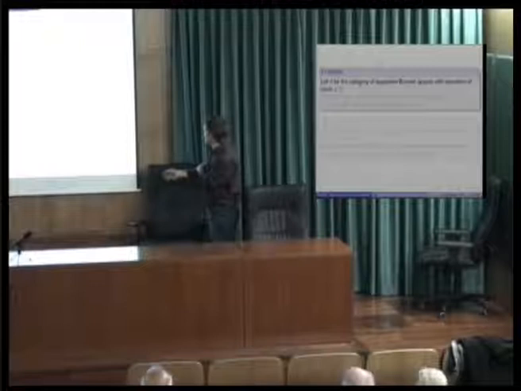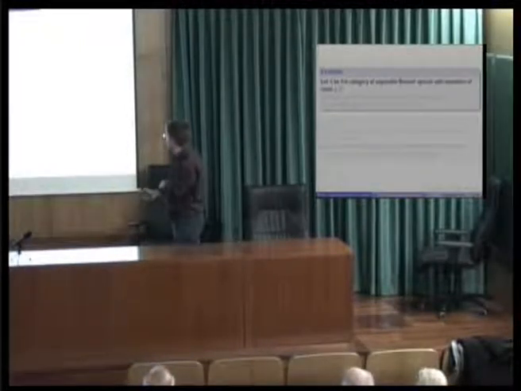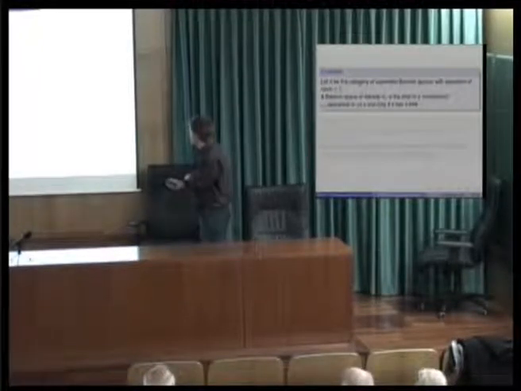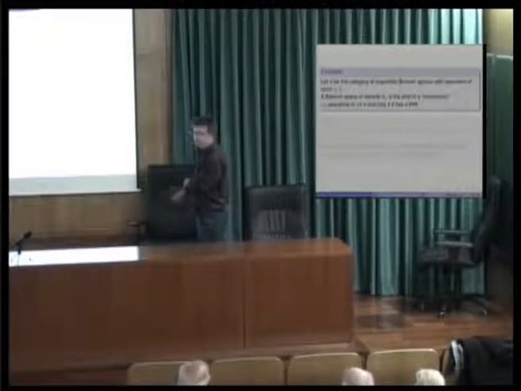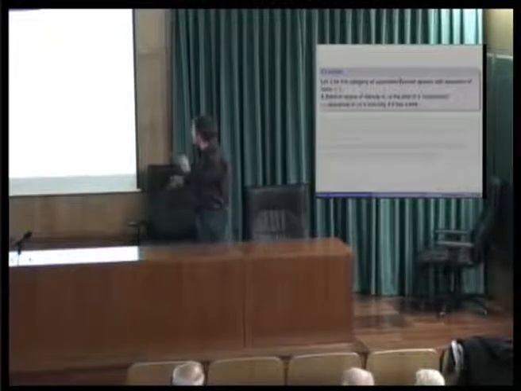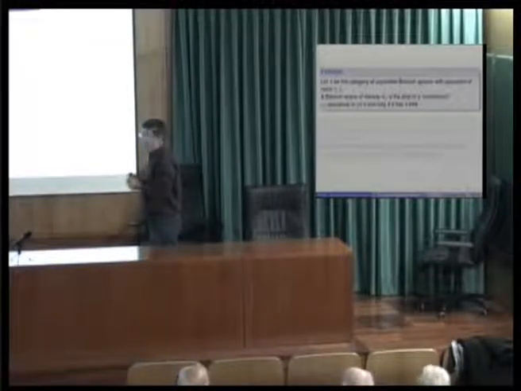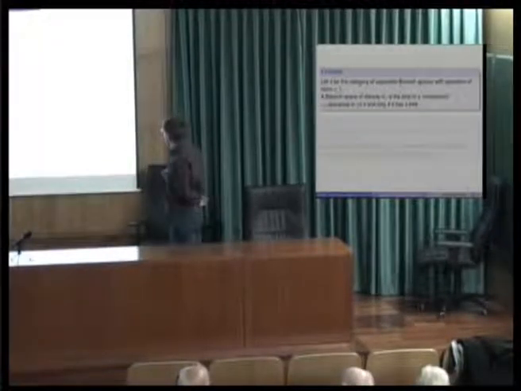Let's take the category of separable Banach spaces with linear operators of norm 1. Now, a Banach space of density Aleph 1 has a PRI if and only if it is the limit of some sort of continuous omega 1 sequence in this category. Okay, this is if and only if. And now this continuous, I mean that when you forget about projections, you take only embeddings, this becomes continuous.